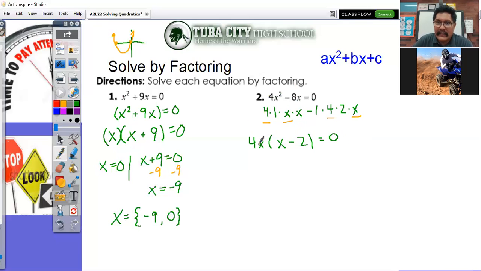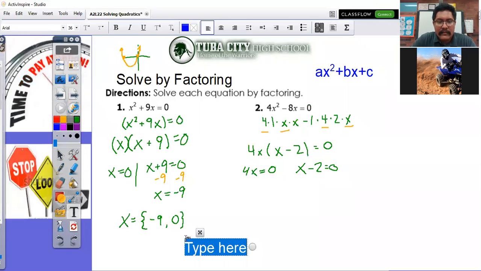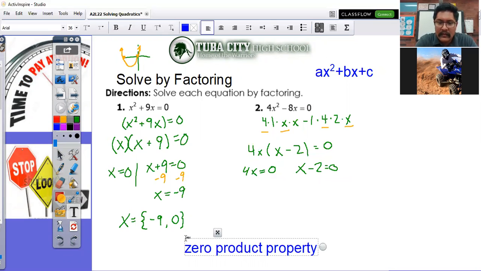So let's go ahead and take both of these and set them equal to 0. Now, when we set them equal to 0, we are using what's called the zero product property. And I should probably take a second or two to write this out, but zero product property basically states this.